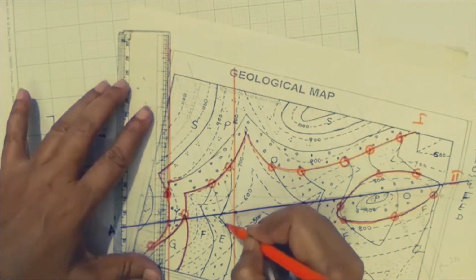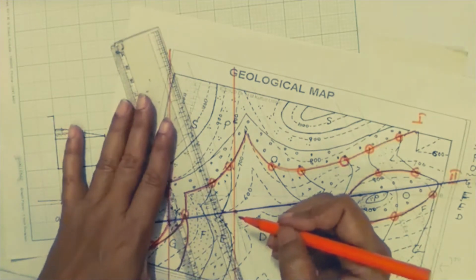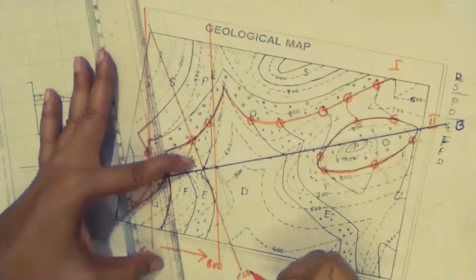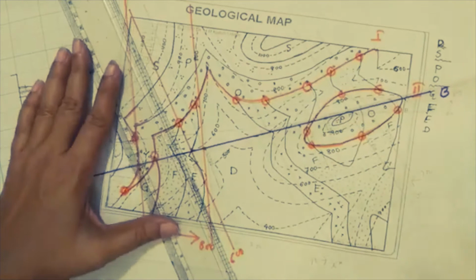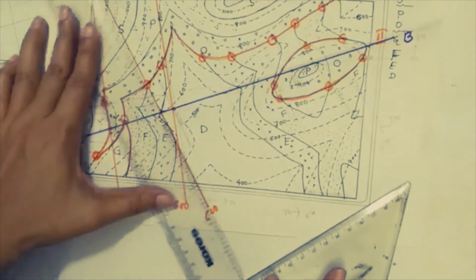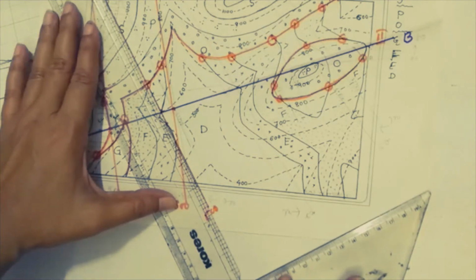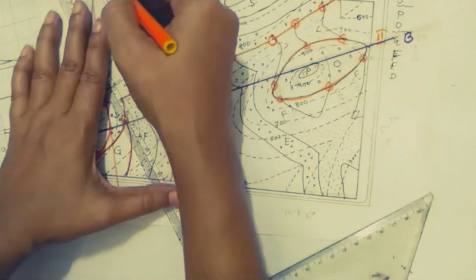Suppose these are the contour of 600 feet. So draw another strike line. This is the value of 600 feet. Draw another parallel with the help of set square. You have to move slowly and draw another strike line.